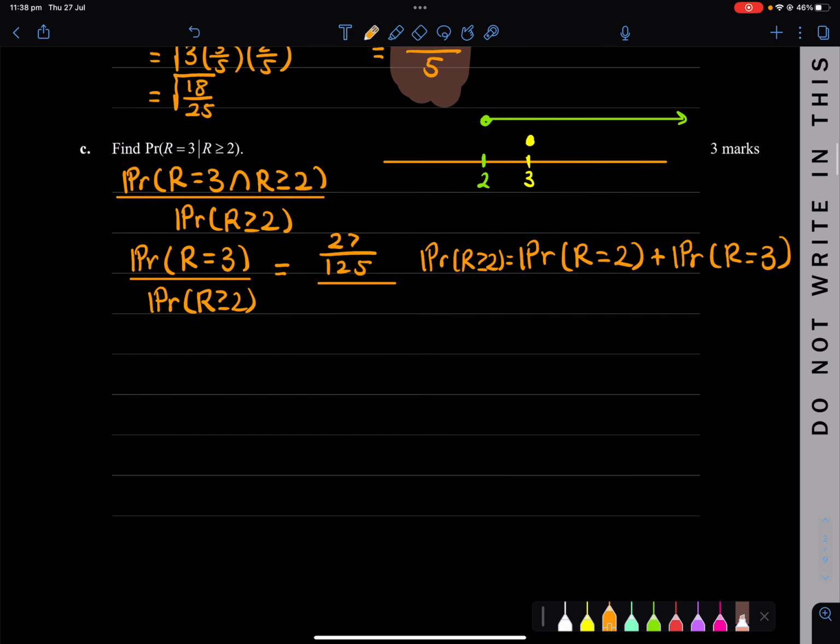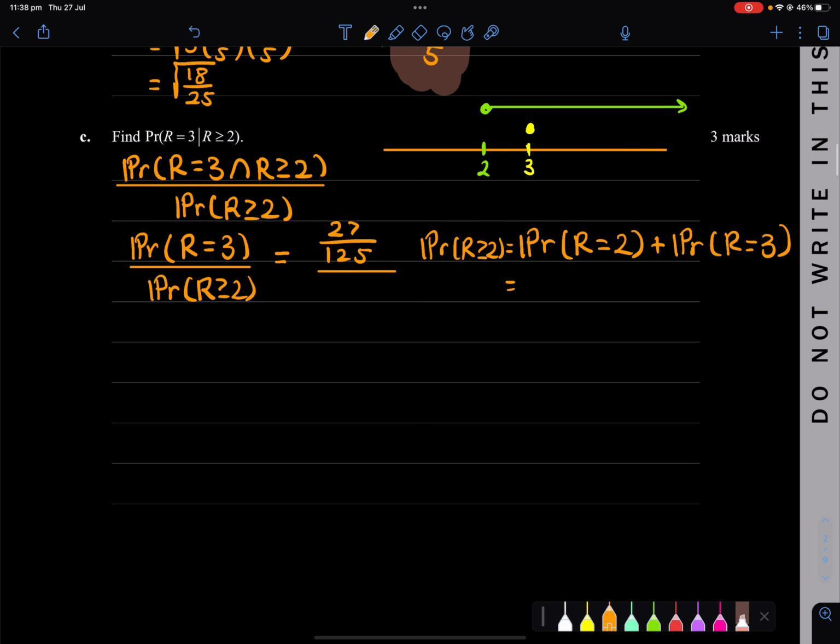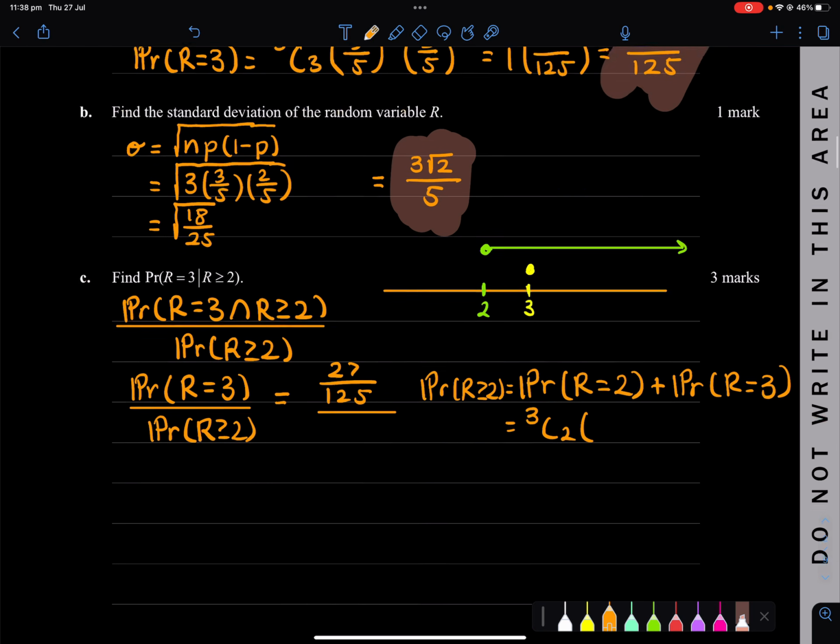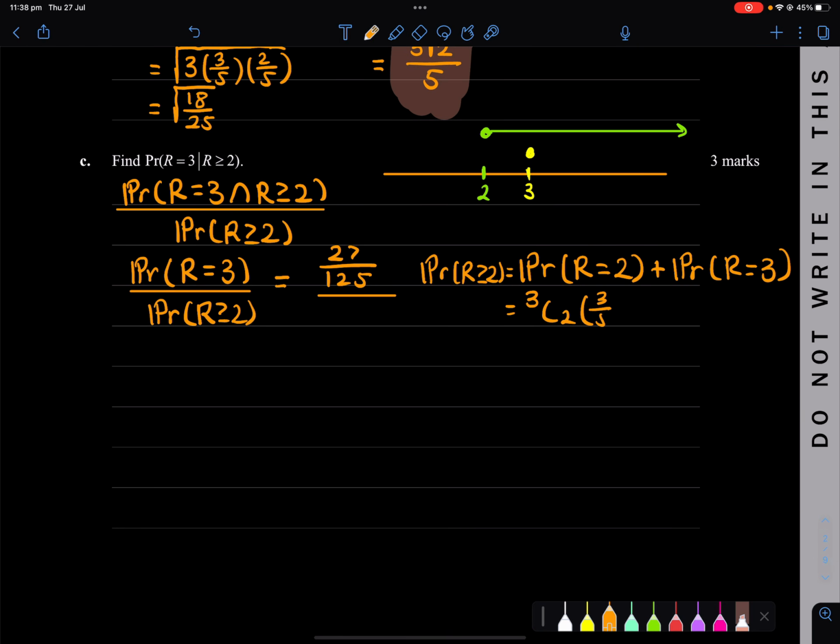So the probability of R equals 2 is 3 choose 2, with probability of success again 3 over 5 squared, 2 over 5 to the power 1, plus 3 choose 3, 3 over 5 cubed, 2 over 5 to the power 0.